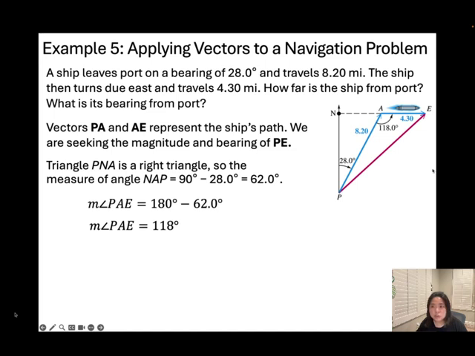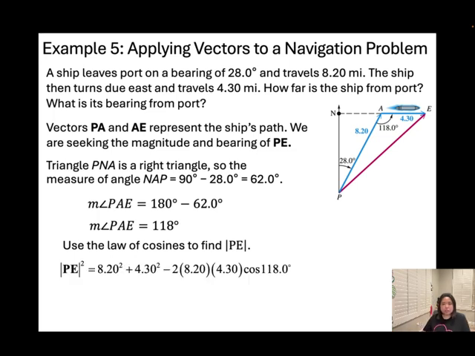And now we know this magnitude, and we know the angle in between. So we could apply the law of cosines to figure out the magnitude of PE here. Plug it in. Try to use your calculator.